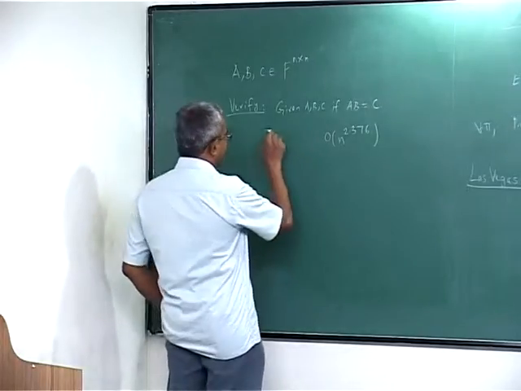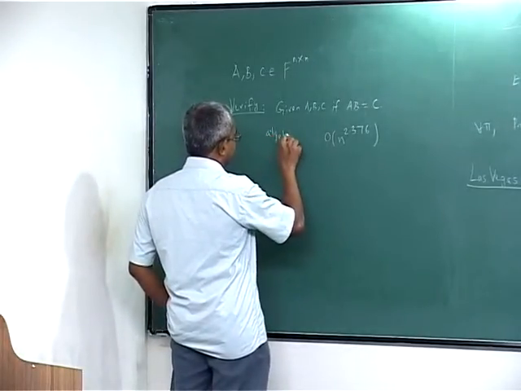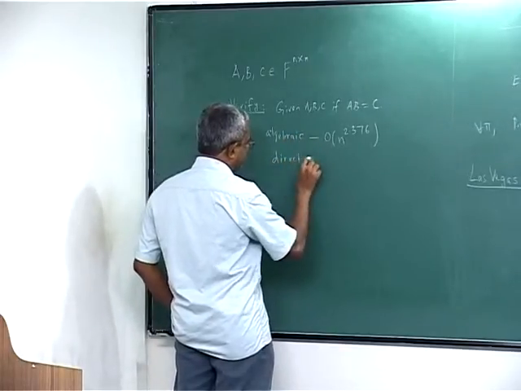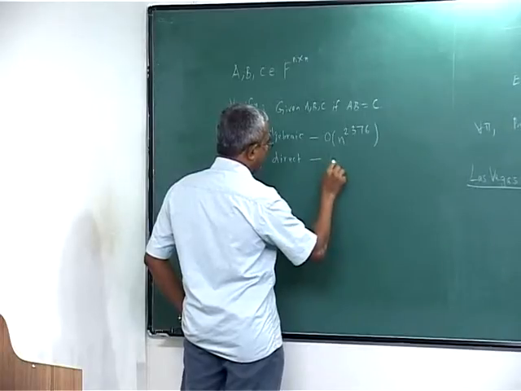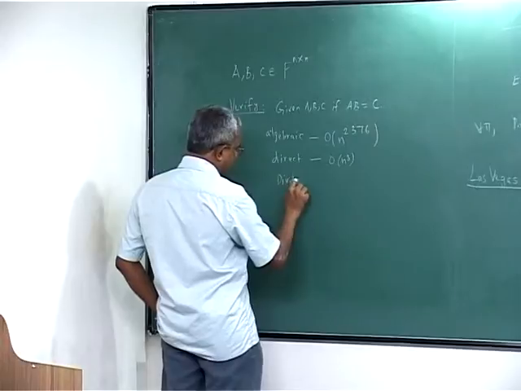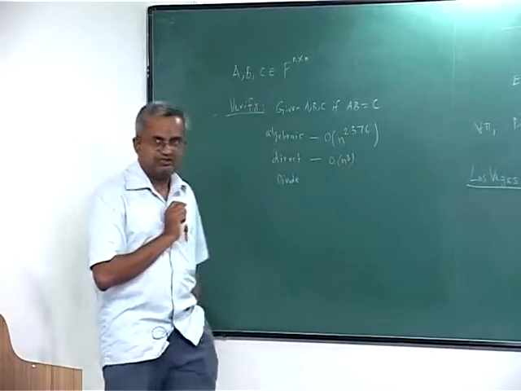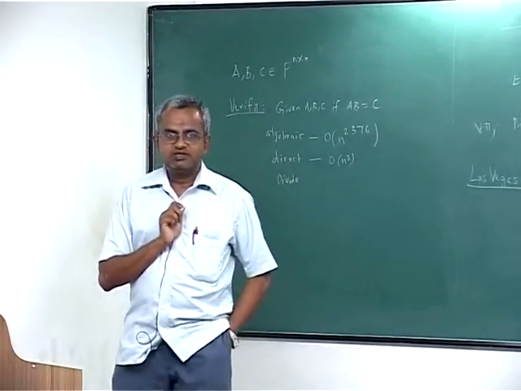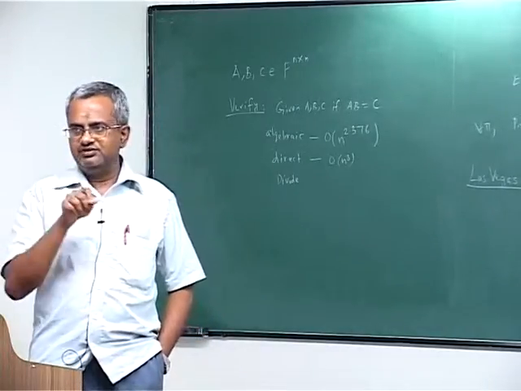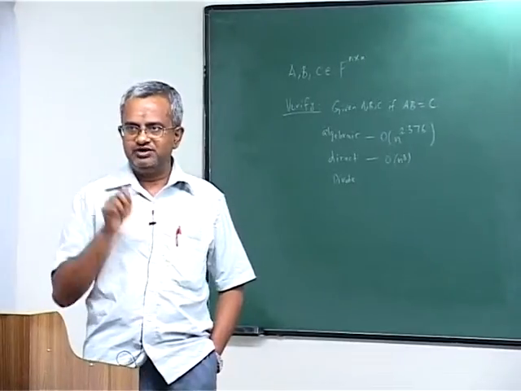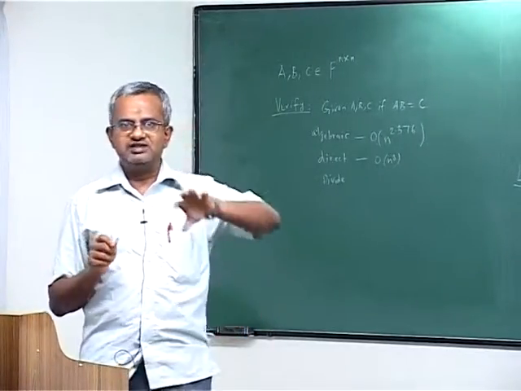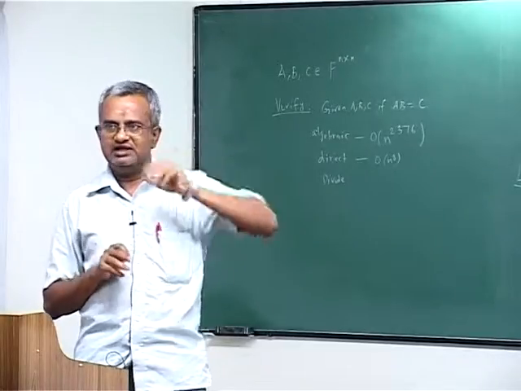So, this is based on an algebraic approach. A direct definition would give you order of n cube, and I think this divide and conquer is also applicable, giving n power log 7 to the base 2, okay. You divide into 4 submatrices of size n by 2 each, and then you do not compute all 8 products. What dominates the running time is the product of the submatrices, but not the addition.